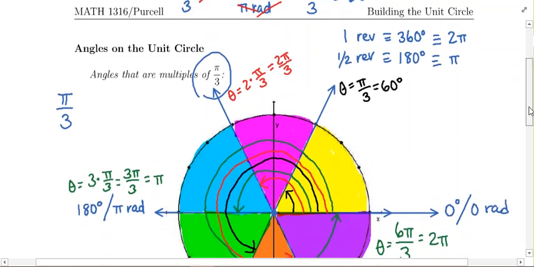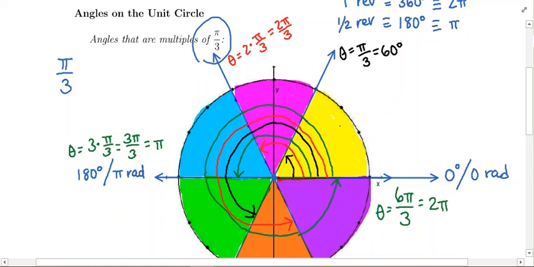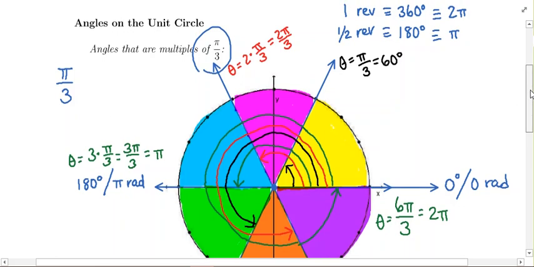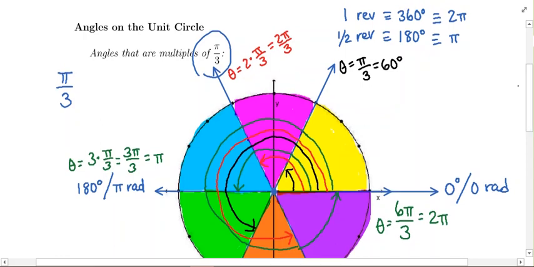Well, we took the top half of the circle, which has 180 degrees, and we divided it into 3 equal pieces. So each of these angles on their own would be 60 degrees. That makes sense. Then if you rotate around here, you could convert each of these radian measures to degrees, but that's a pain, so you can simply look at each as being 60 degrees.